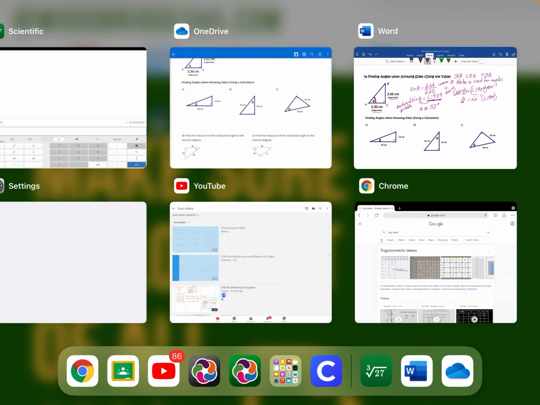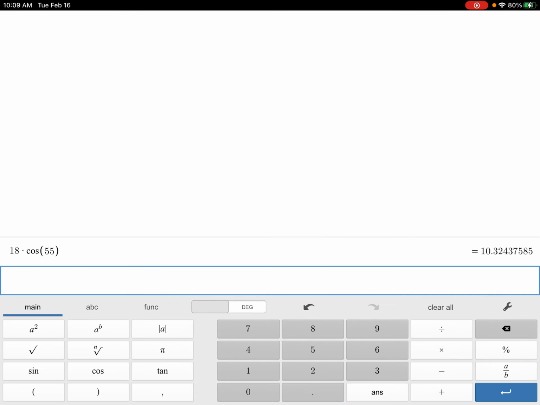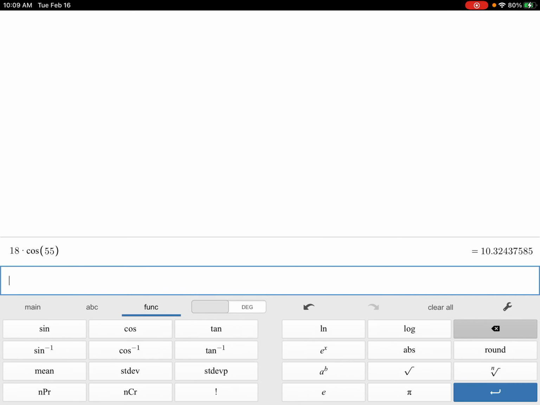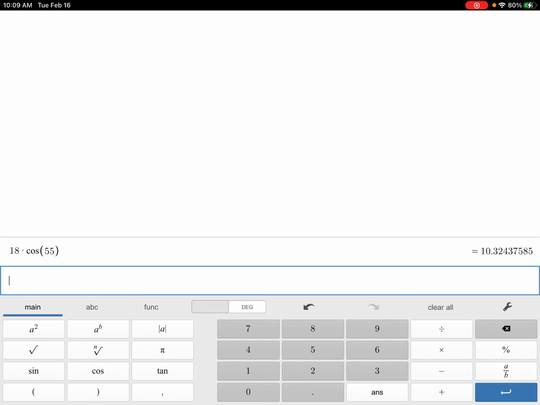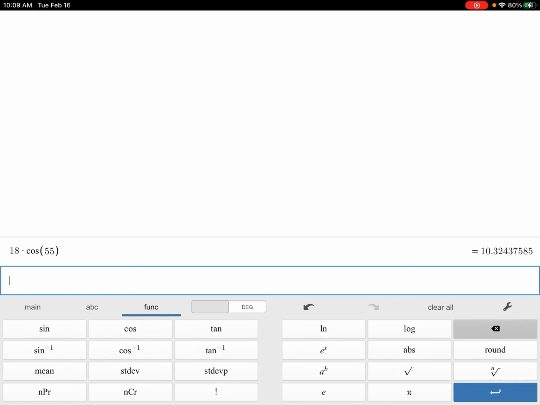And so what I'm left with, and this is what you're going to put in your calculator, is that my angle is equal to the inverse of 1.1909. So I go back to my handy dandy calculator and go to my function.